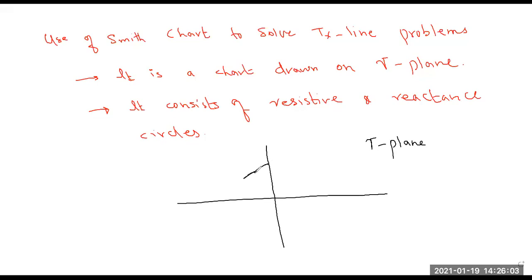So this is the unit circle. What we saw last time is that Smith chart consists of a number of resistive circles, which are plotted like this.